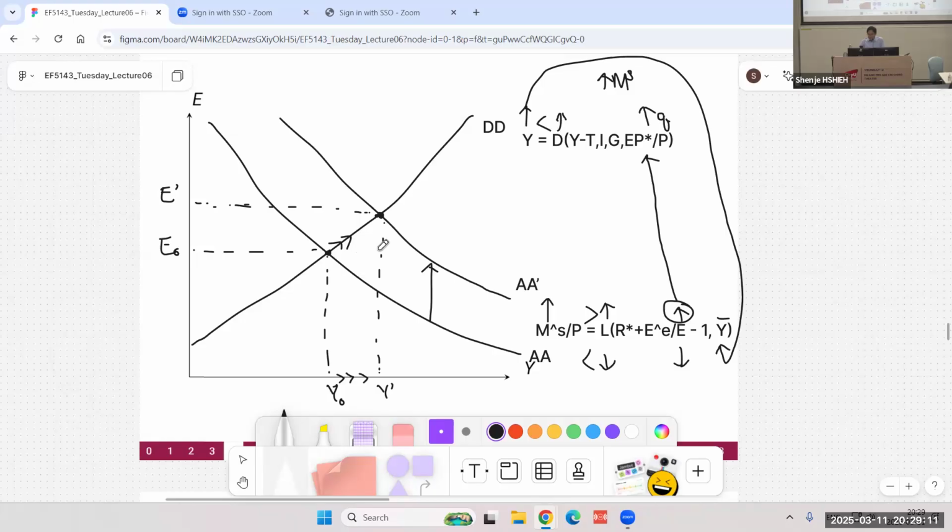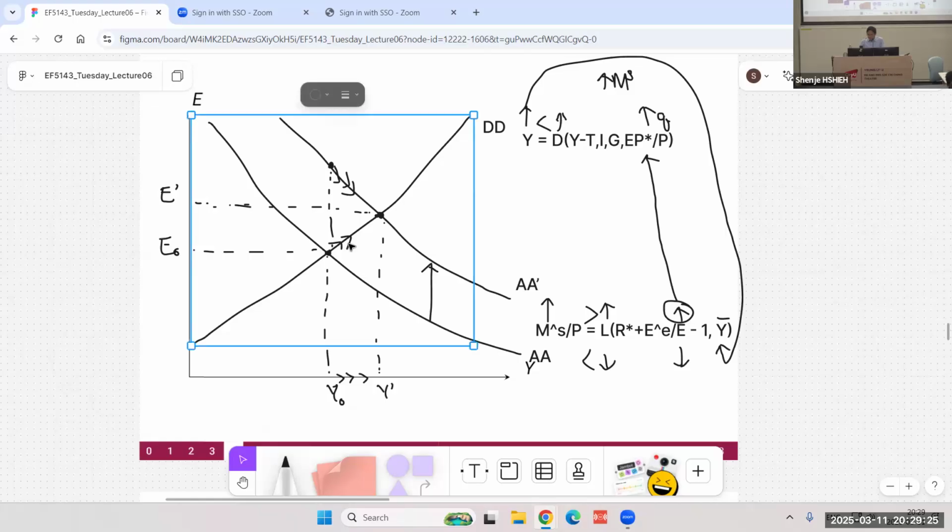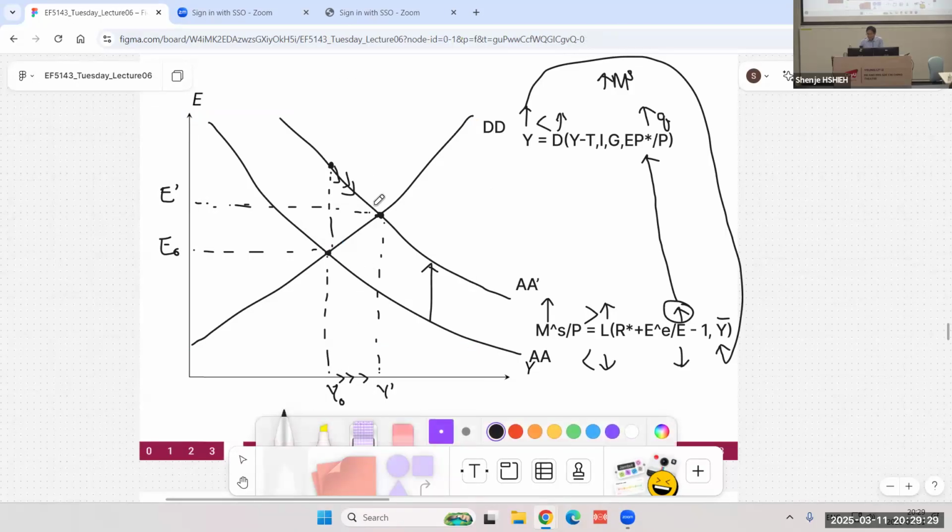So, sorry, let's see. This should be moving from here, sorry, this way. Yeah, so E is decreasing from up here, not down here. Right, E decreasing, Y increasing until there is a stable point here, right?